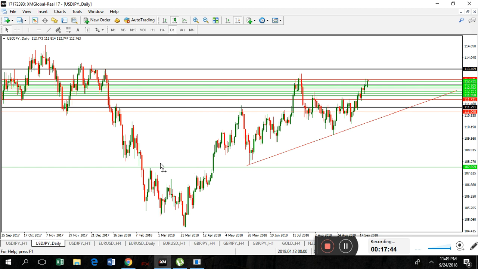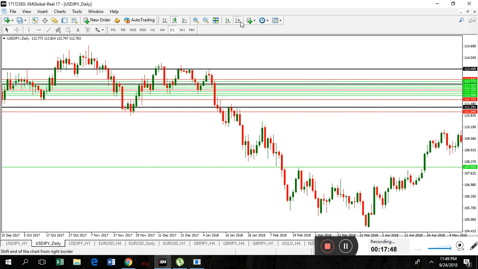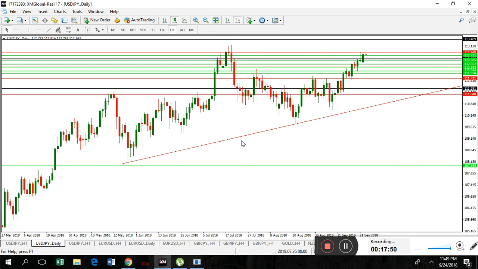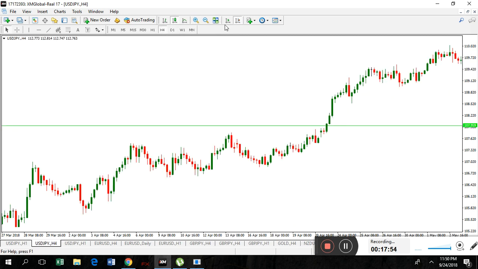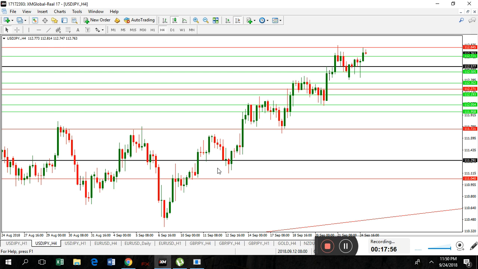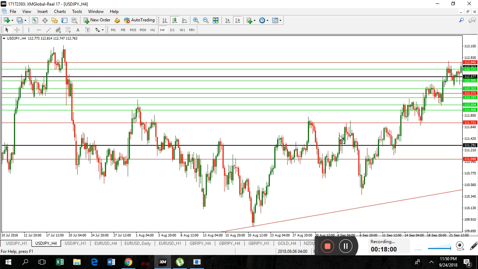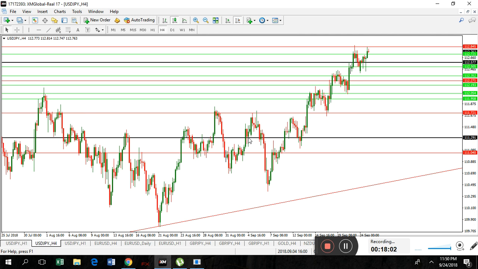If we zoom in, this week to this week, then if we go to the 4 hour, that's when we realize that there's actually an uptrend, and we can take it from this, bring it up. Actually, let's take it from here.